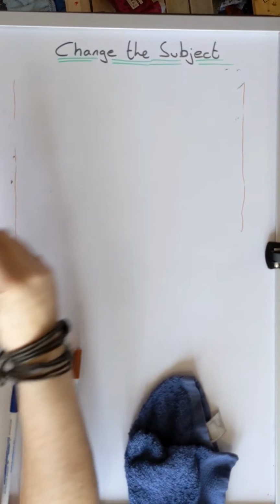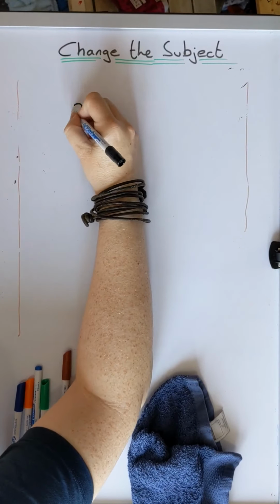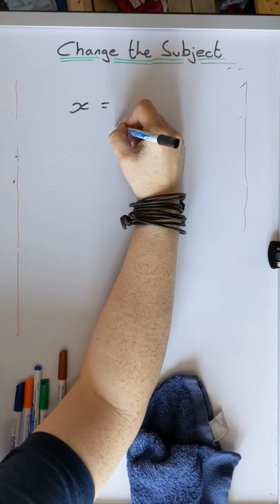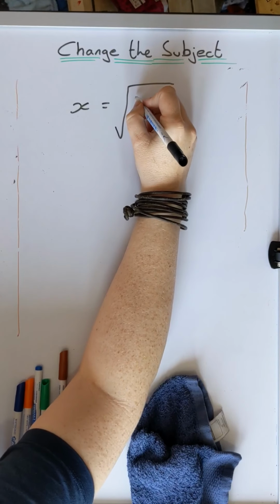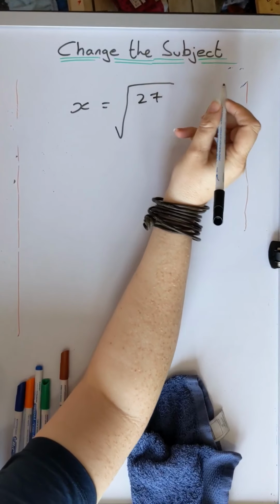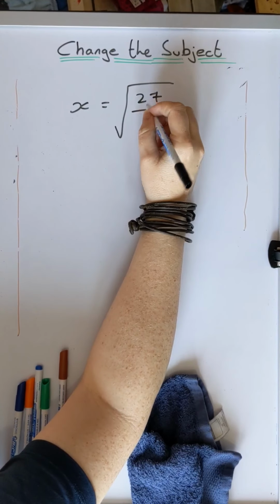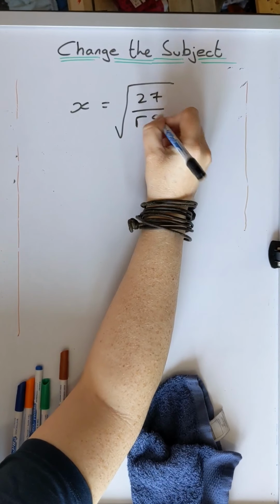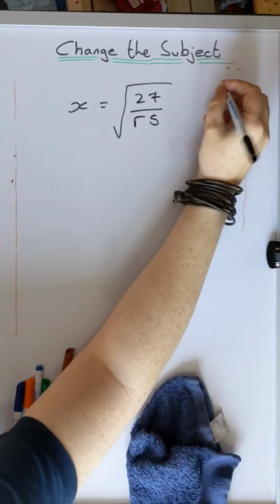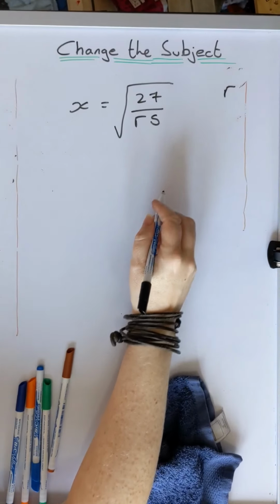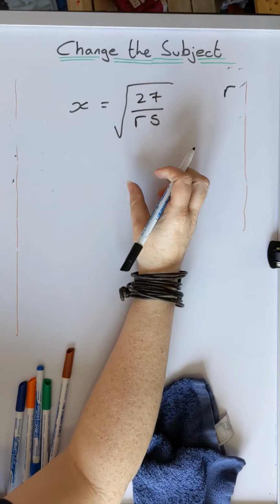Similarly, if we had x equals the square root of 27 over rs, and we're looking for r, there's a few things you need to remember.